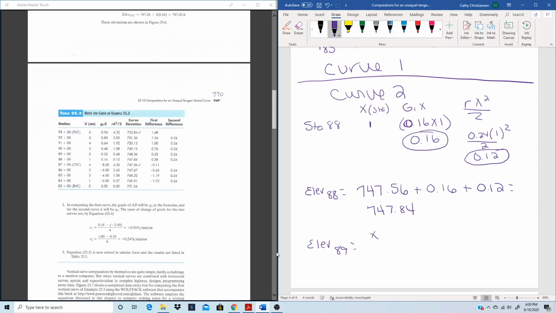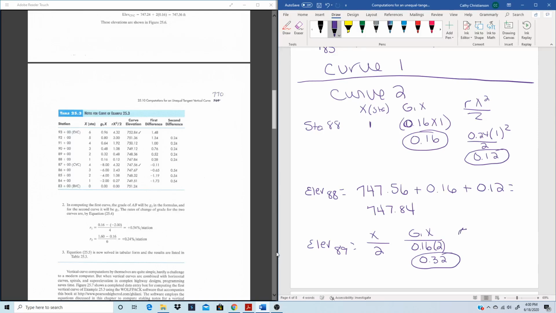So I'm going to go ahead and do elevation 89. Our X is 2, because there's 2 stations between 86 and 87. Our G1 times X would be 0.16 times 2. That would give you a 0.32, and I'm going to circle that one.